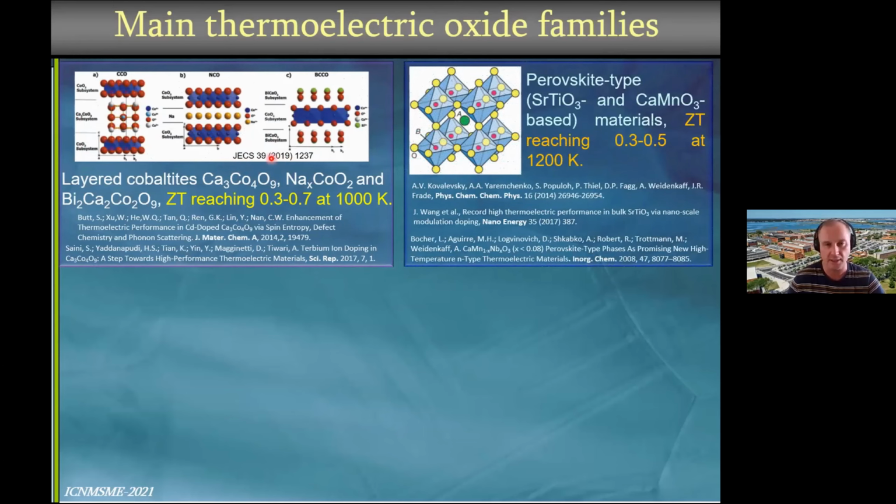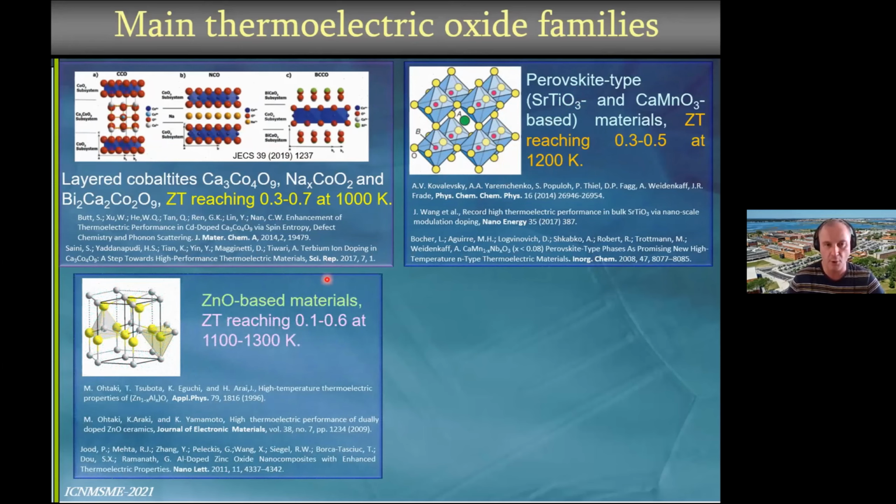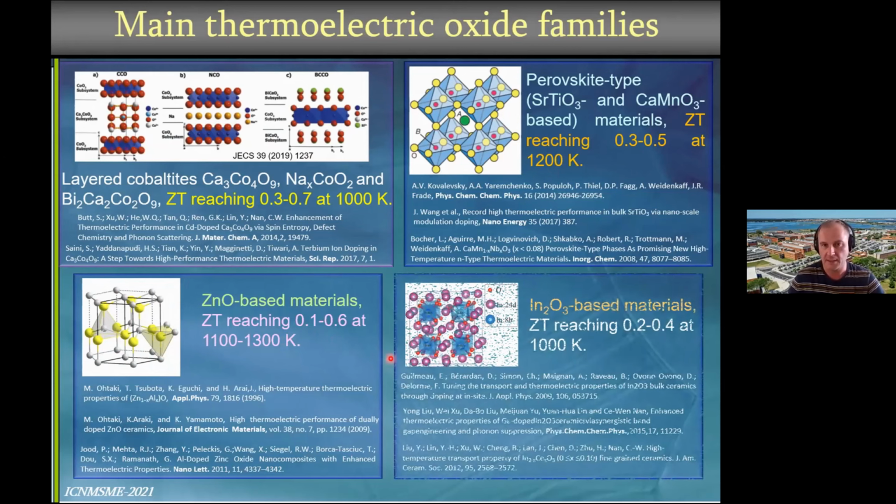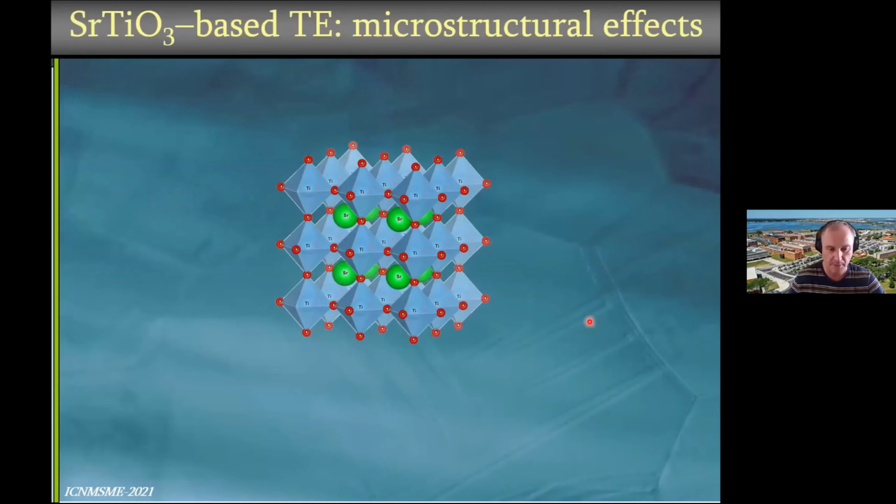Perovskites are very versatile, you know, for different applications and also for thermoelectrics. Here, strontium titanate and calcium manganite are leading. Zinc oxide-based materials are very popular, but they have some inherent drawbacks. I will talk about this later on. And finally, indium oxide-based materials are also interesting, and they demonstrate quite attractive performance.